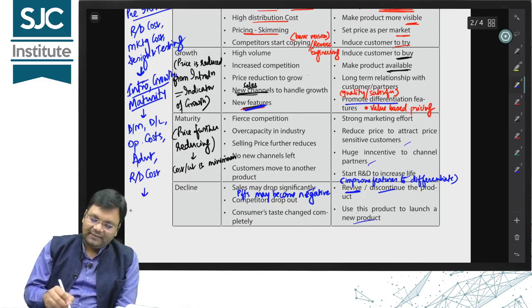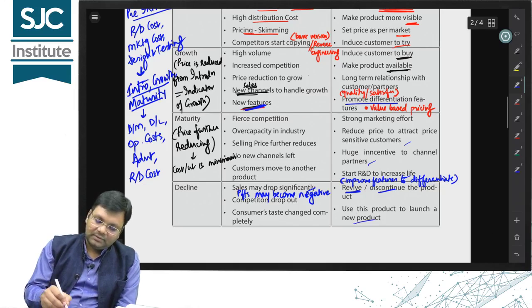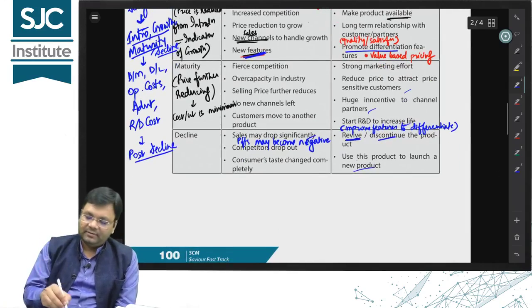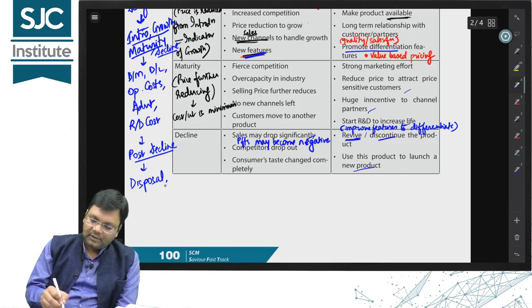Lastly, we also have cost which is also applicable in decline phase, by the way, because still we are producing. Then there is post decline. Post decline I shared with you in my introduction. There will be disposal cost of your machineries, decommissioning cost, then cleanup, environmental cleanup cost.